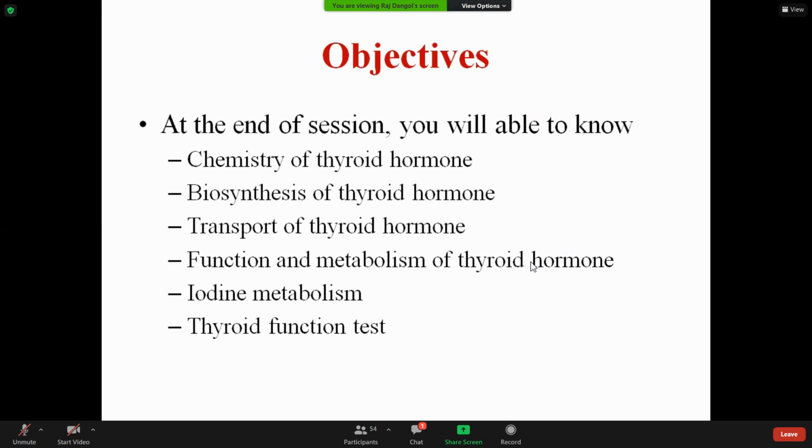So what are the parameters that are used as a thyroid function test. And apart from that, you will learn about the pathophysiology. So what happens if the concentration of thyroid hormone is beyond the normal value.